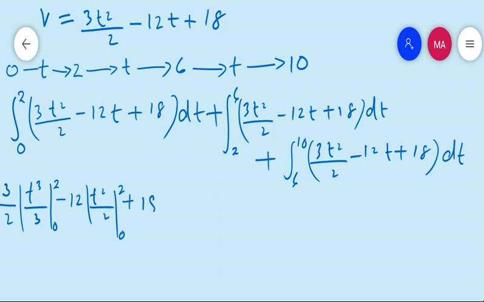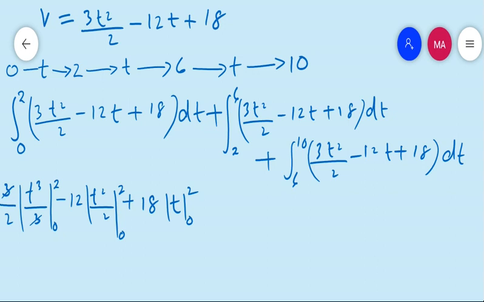Plus 18 integrate dt is t from 0 to 2. So it is comfortable if you integrate first, find the whole answer of 0 to 2, then find the whole answer of 2 to 6, then find the whole answer of 6 to 10.